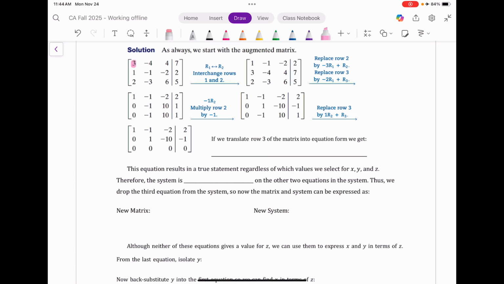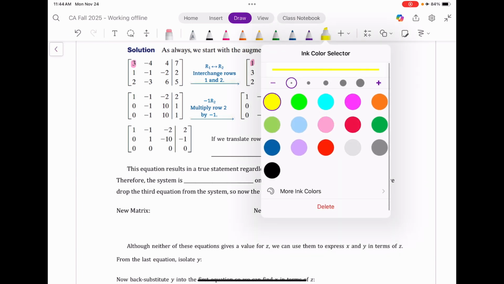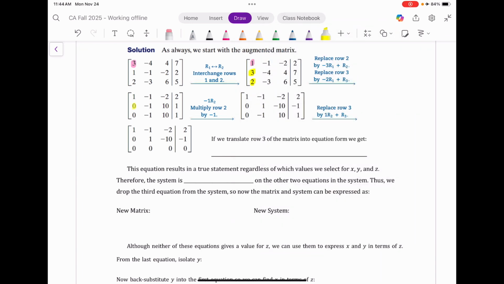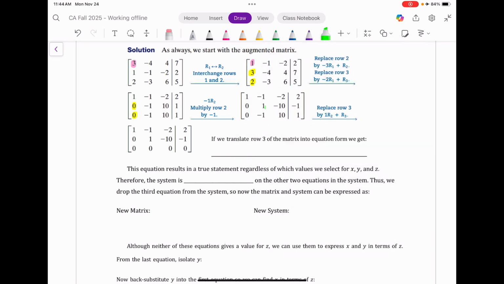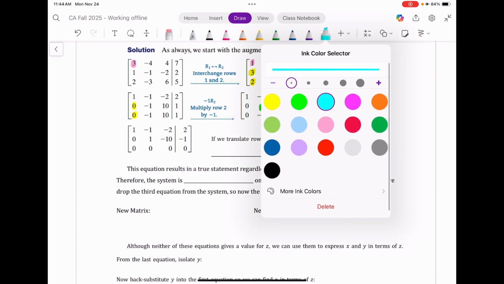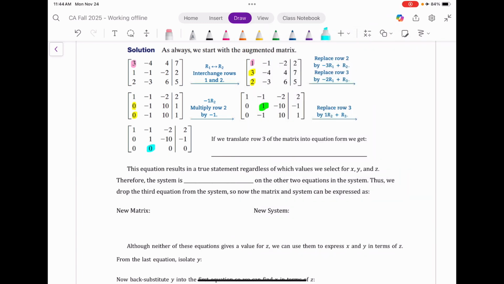You start by making that 1, and then you make the zeros underneath through row operations. Then you get that 1 in the middle, and after that, you get the 0 underneath right here. By doing all these row operations, you'll notice that this last row ends up being a row of all zeros, which implies that there's an infinite number of solutions to this system.